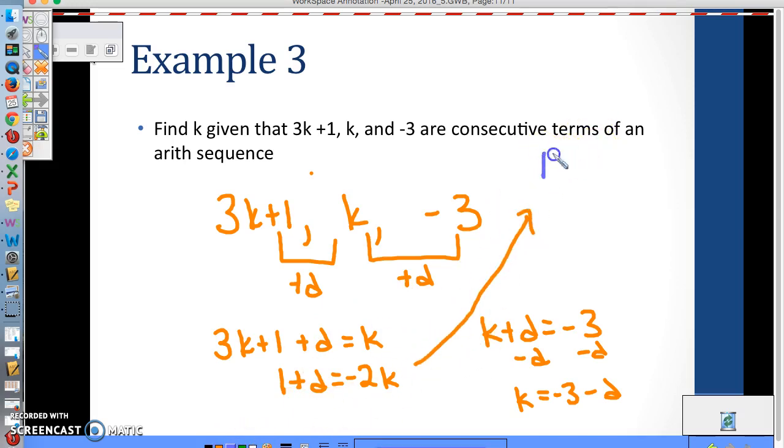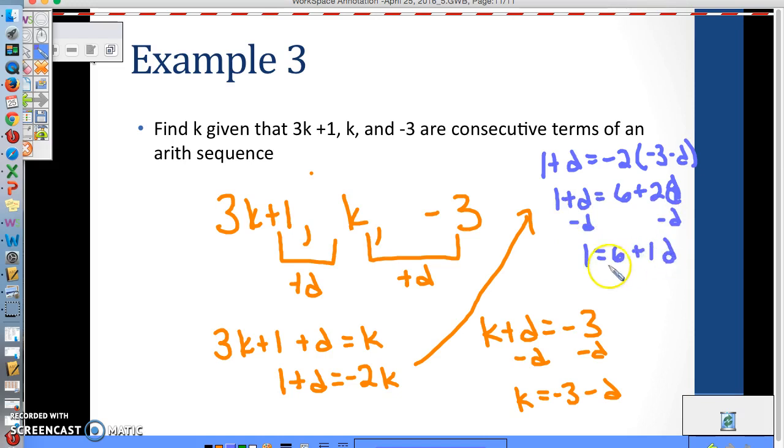So I know 1 plus d equals negative 2 times negative 3 minus d. 1 plus d equals, let's see, that would be 6 plus 2d. Subtract d. 1 equals 6 plus 1d. So our difference is negative 5.